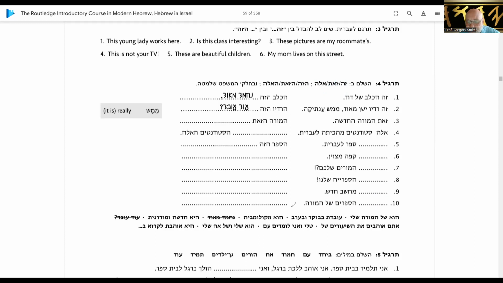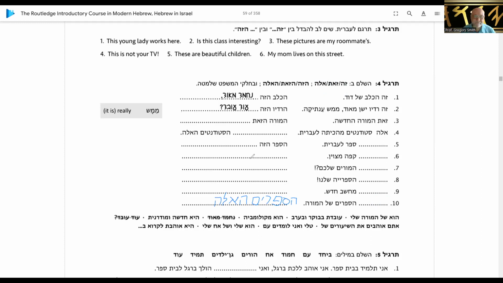Now we need to change this to, let's see, I think it's going to be these books. And we're going to put ha'ela. Okay, so hasiprim ha'ela. So it's like these books. Now we got to say something about these books.